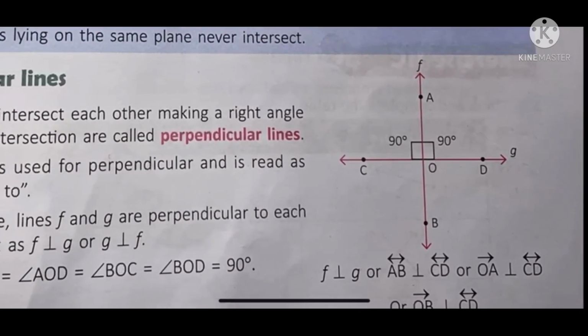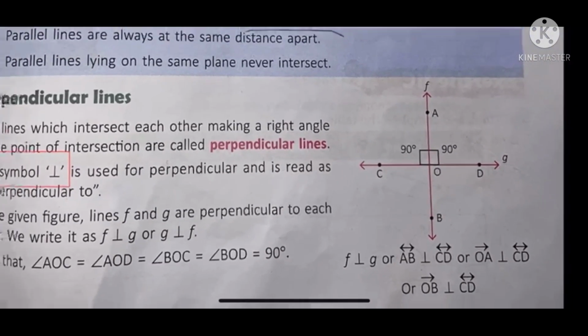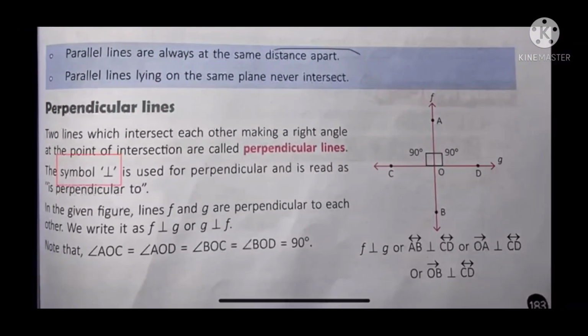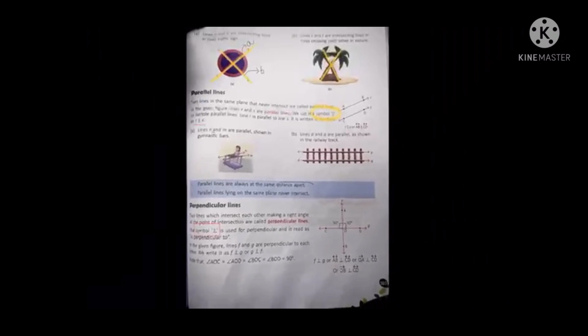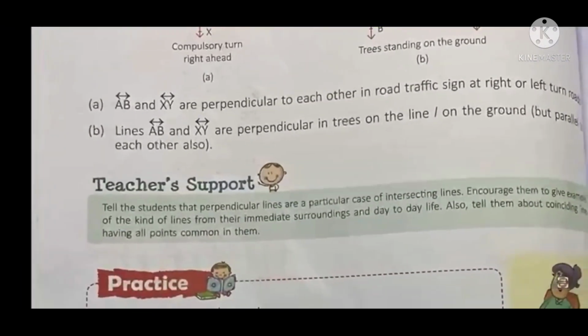What we find is that angle AOC is equal to angle AOD, both are equal to 90 degrees, and angle BOC and angle BOD are also equal to 90 degrees. Now let us see some examples of perpendicular lines in our daily life.